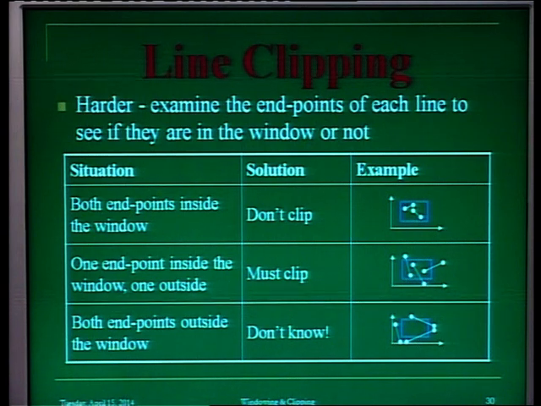So, we will examine only those two endpoints of each line to see if they are in the window or not. There are three situations which can occur. Both endpoints may be inside the window. See, this is the window and both endpoints are within the window.